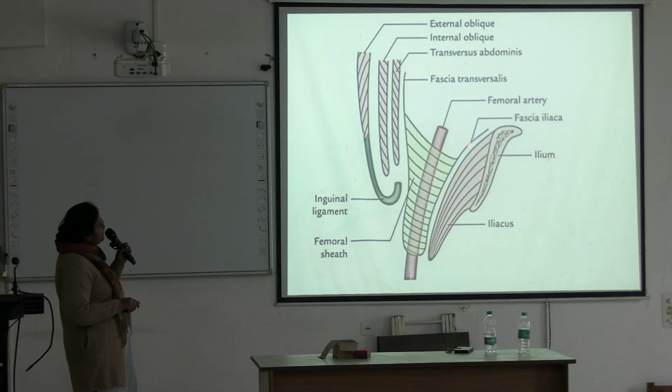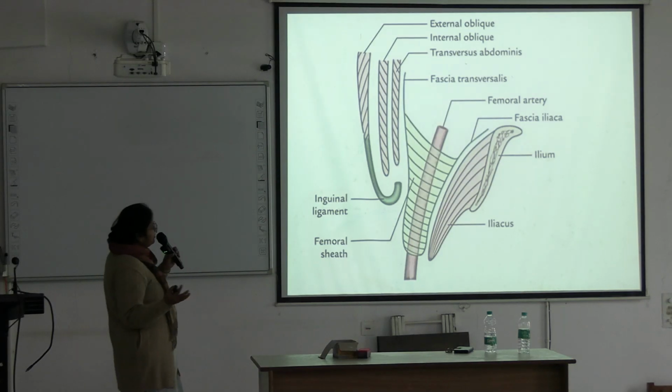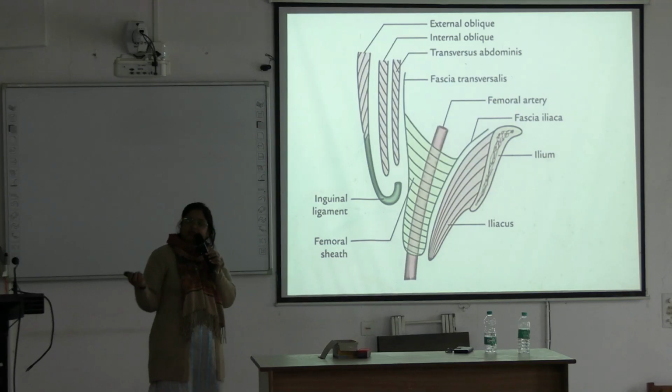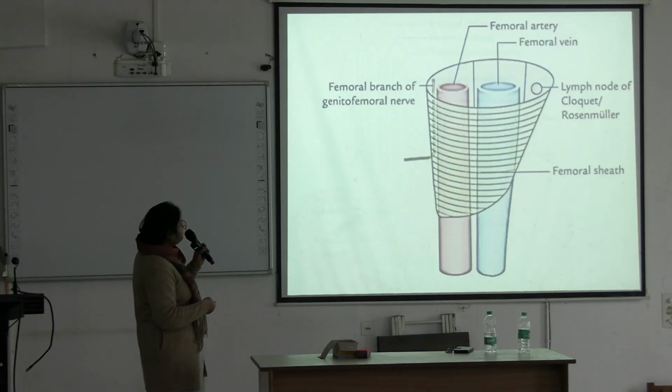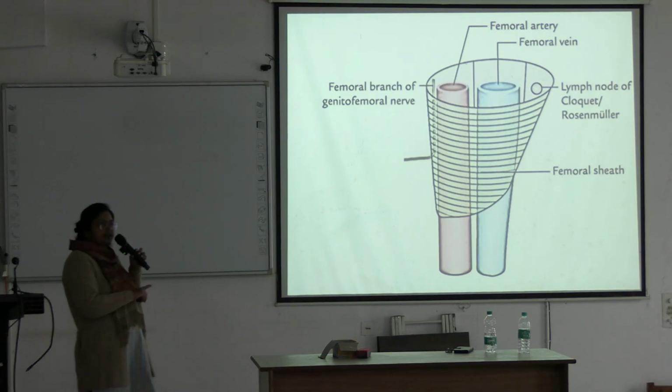The posterior wall of the femoral sheath is formed by the fascia iliaca, which covers the iliacus muscle arising from the iliac fossa of the hip bone. So this is the femoral sheath. You practice a schematic diagram like this for the femoral sheath.